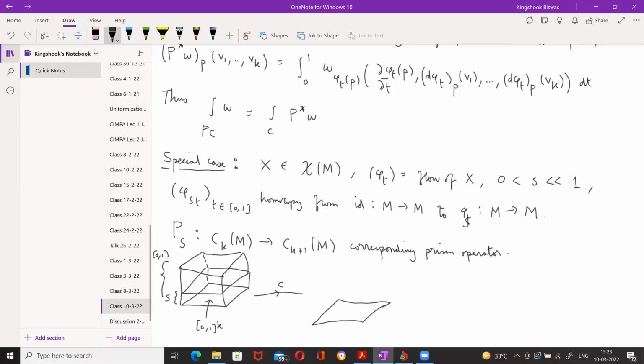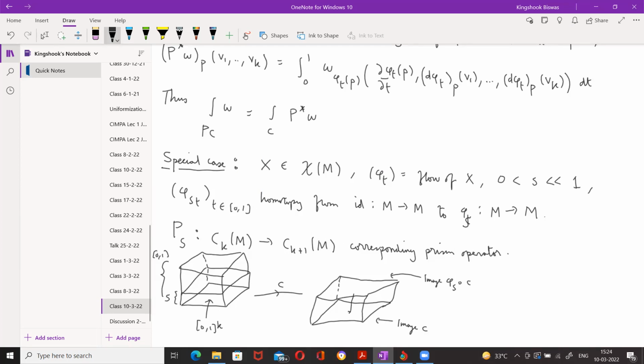And what I'm doing is flowing by the flow of X. So this bottom is the image of C, and this top will be the image phi s of C. And so when s is very small, see what happens to a point here?